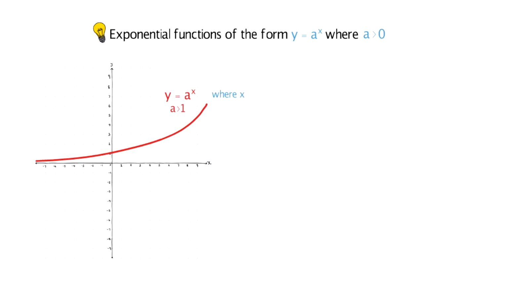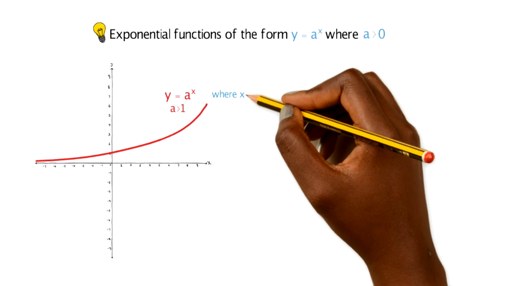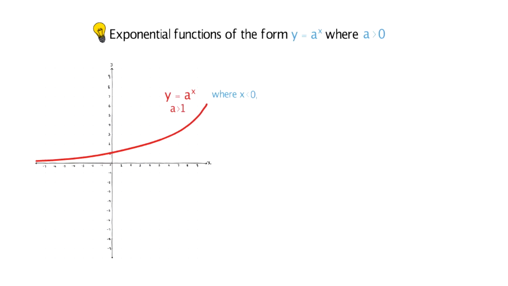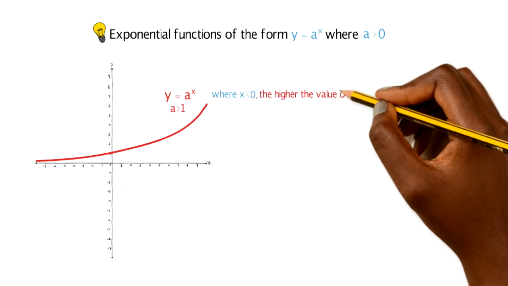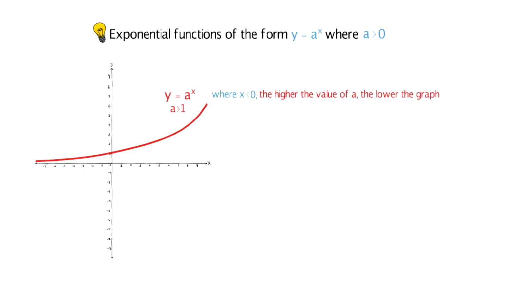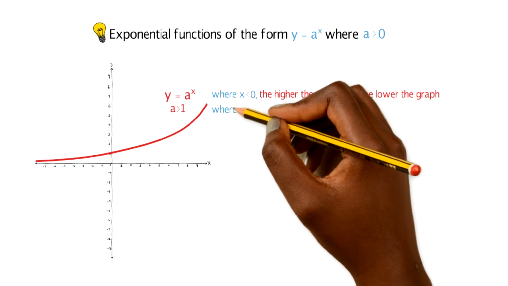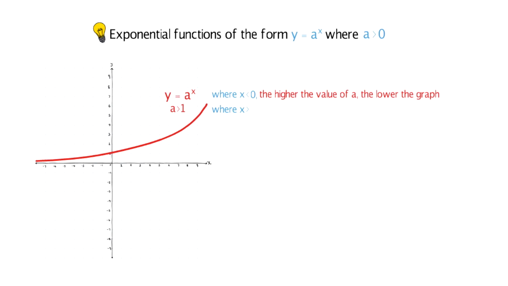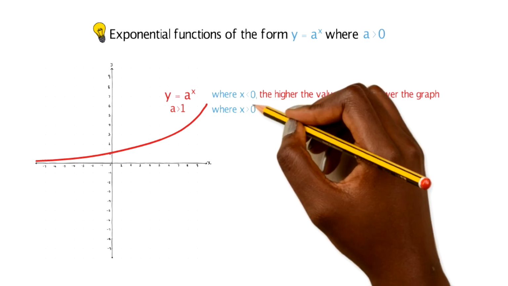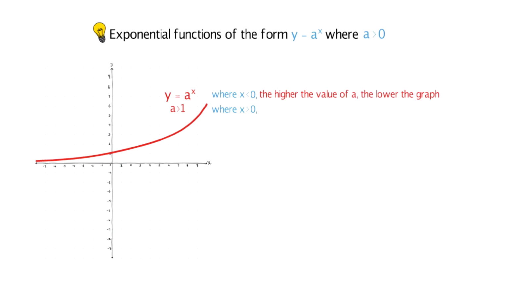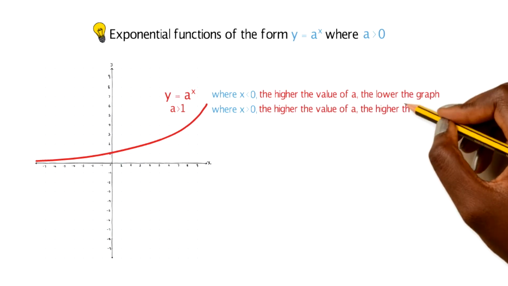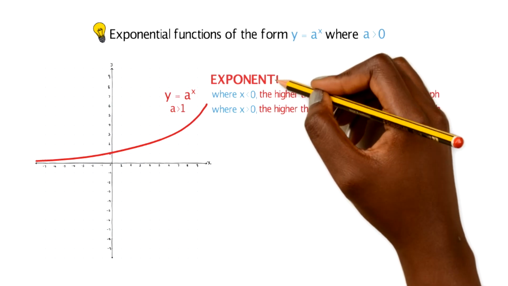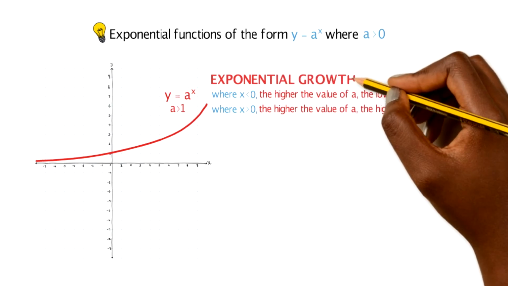Two things you need to notice: when the x value is less than 0, the higher the value of a, the lower the graph, meaning the less steep it becomes. And if your x value is greater than 0, then the higher the value of a, the higher the graph, the steeper, the more rapidly growing. We call this exponential growth.